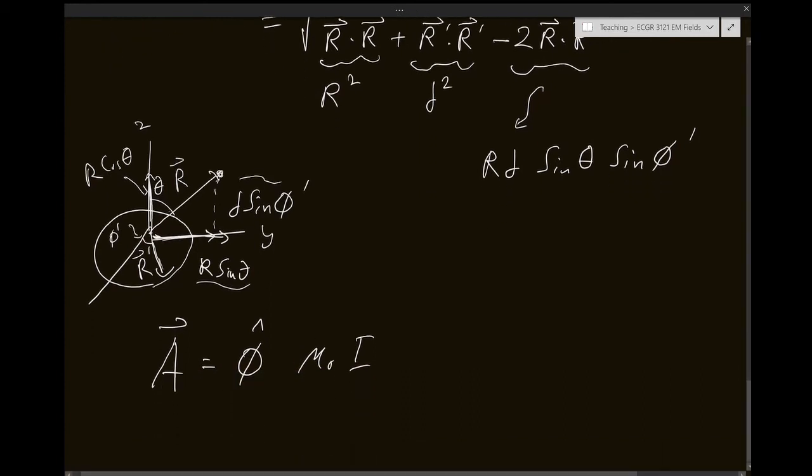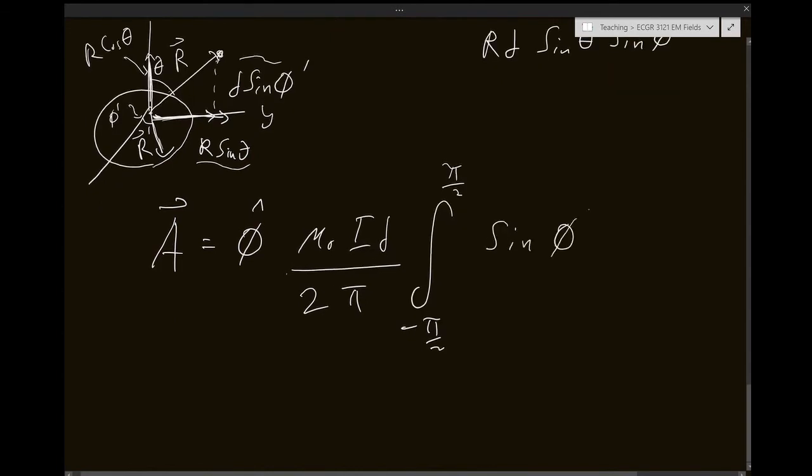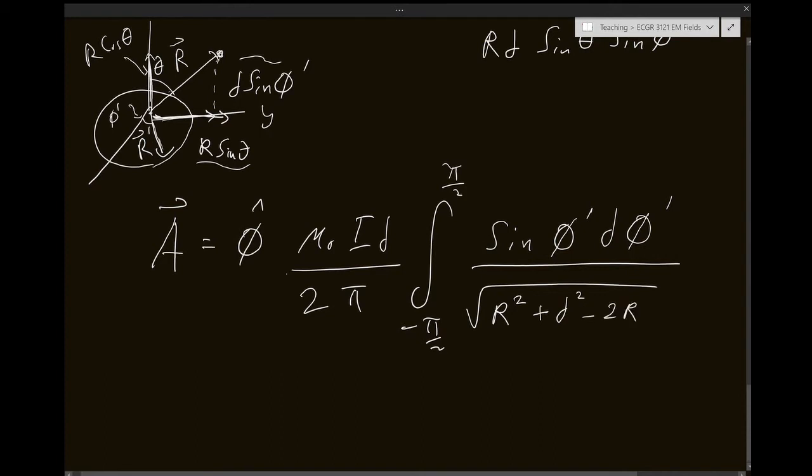We know that. So A equals mu naught I d over 2 pi, the integral from minus pi over 2 to pi over 2 of sine phi prime d phi prime, over the square root of r squared plus d squared minus 2 r d sine theta sine phi prime.